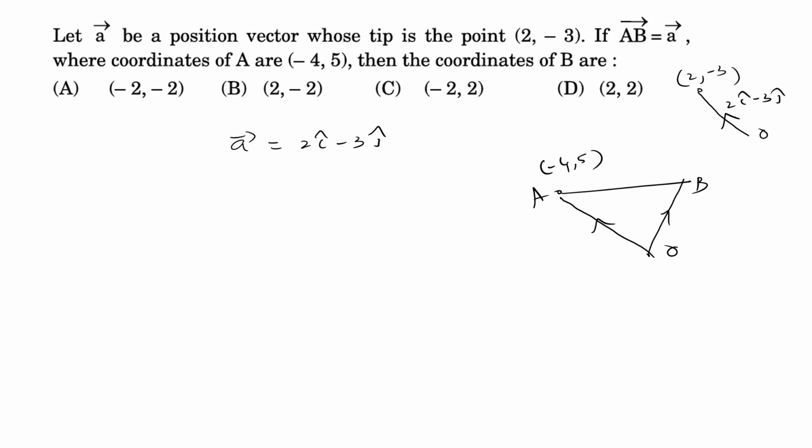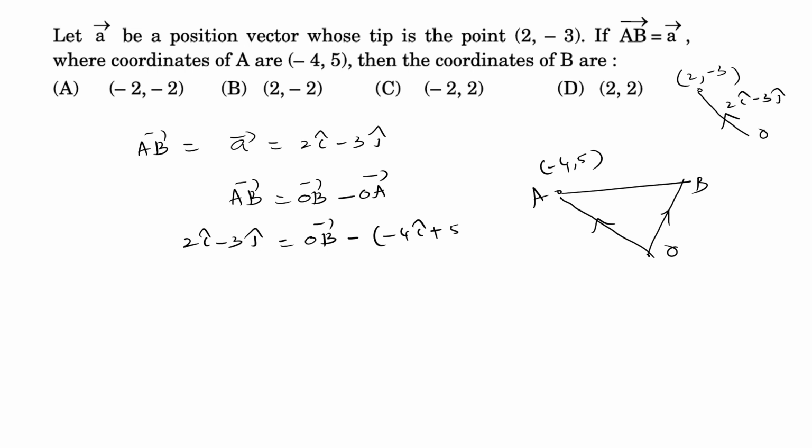By using triangle law of addition, we can say that AB vector is going to be OB minus OA. AB is nothing but 2i minus 3j. So 2i minus 3j is equal to OB vector, which we don't know, minus OA. OA is nothing but minus 4i plus 5j.